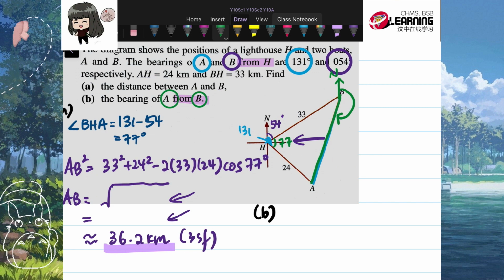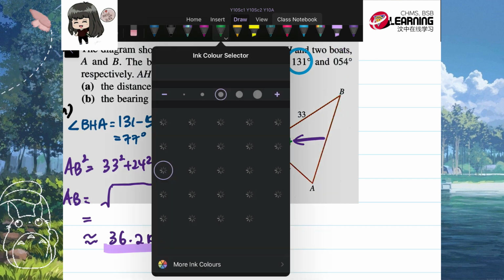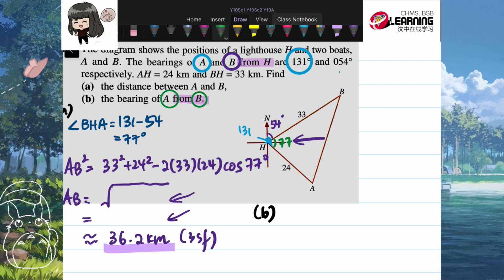To find this, I think I need to use a thinner pen. North. The bearing that you need to find is from here until here. So how are we going to find this angle?